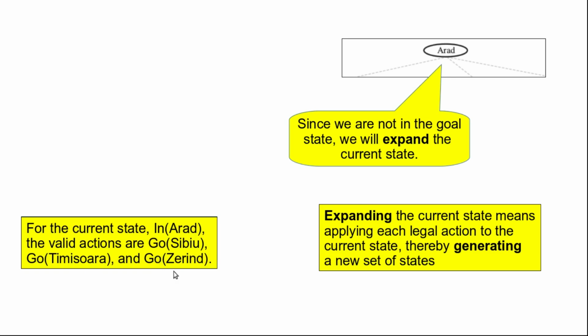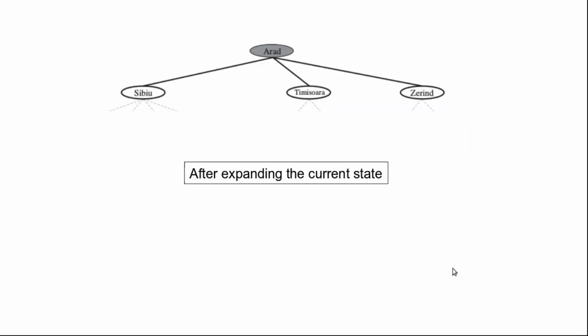So these are the 3 actions that are possible, and now we will apply all these 3 actions, and that would result in some new states, and these are the new states that we have. So this is the situation after expanding the current state.